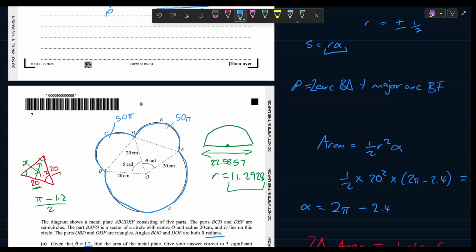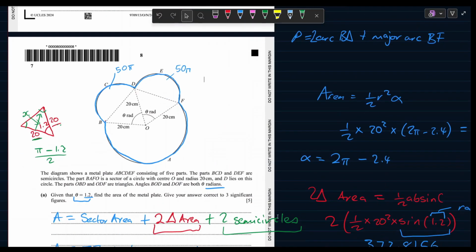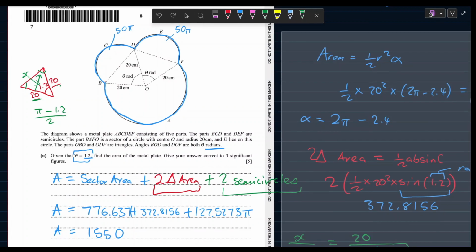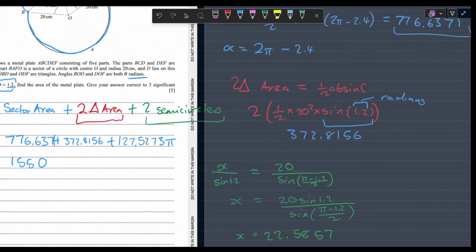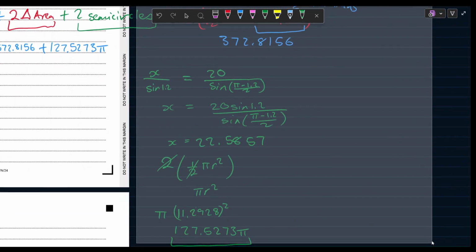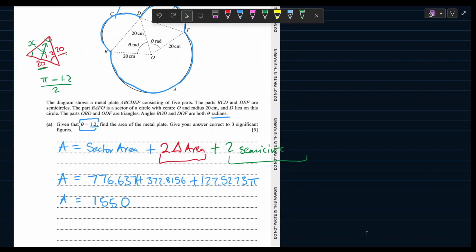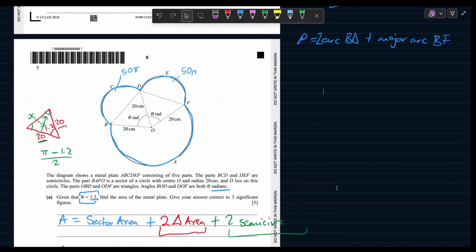For the radius, we're not going to need the information from part A because they've changed the scenario. So your values from part A are completely void now. You can't use them. We knew in part A that theta was 1.2, but that doesn't apply to part B. So we can essentially just get rid of all of this information from part A and start from scratch and figure out what we need to find and how to find it.